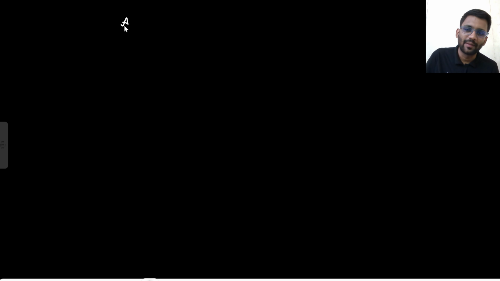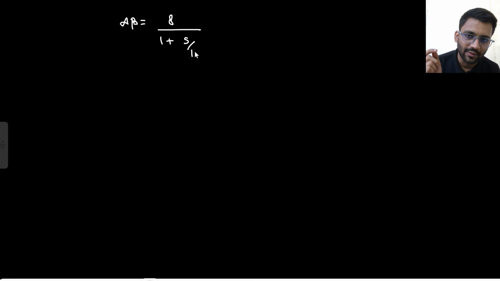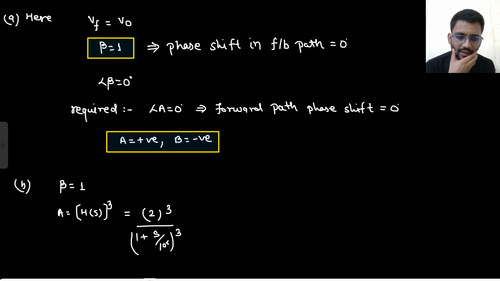What will be the value of A beta? A beta will be the same only. So A beta will be the same, 8 upon 1 plus S by 10 to the power 6 whole cube, right?